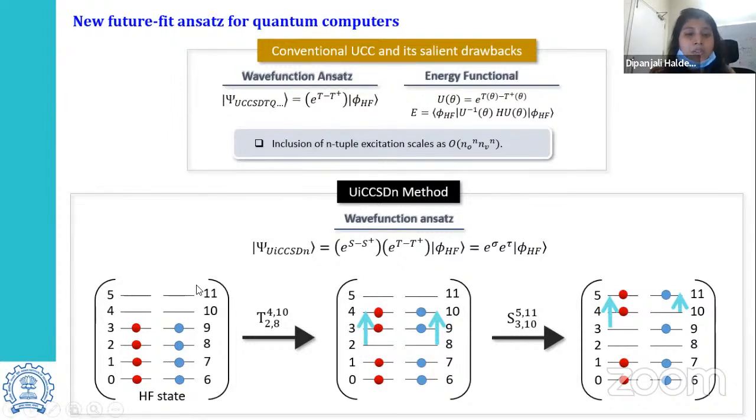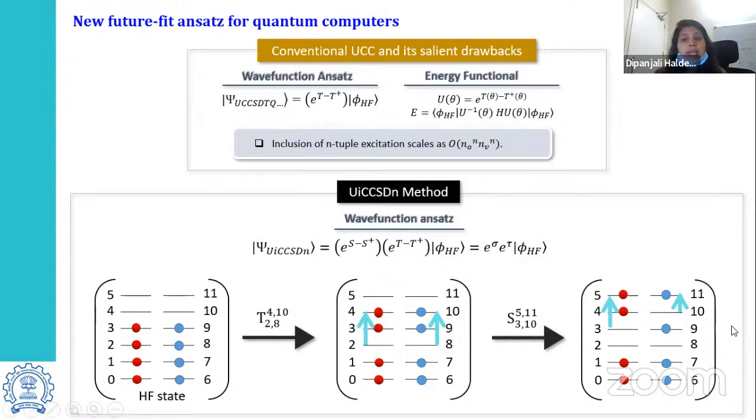Say we have a Hartree-Fock state, and we let a two body operator act on the Hartree-Fock state so that we get a doubly excited determinant as shown here. And now if our S operator acts on this doubly excited determinant, then we end up with a triply excited determinant.